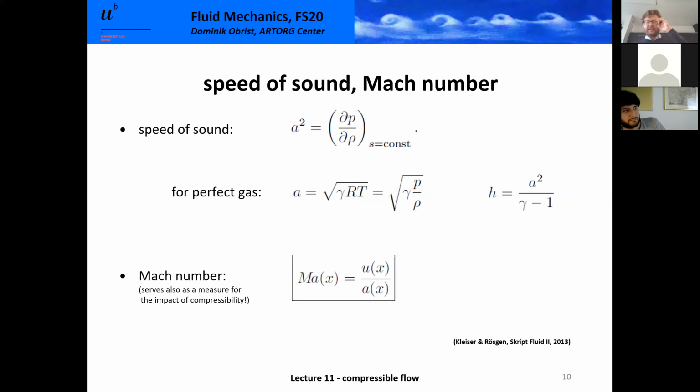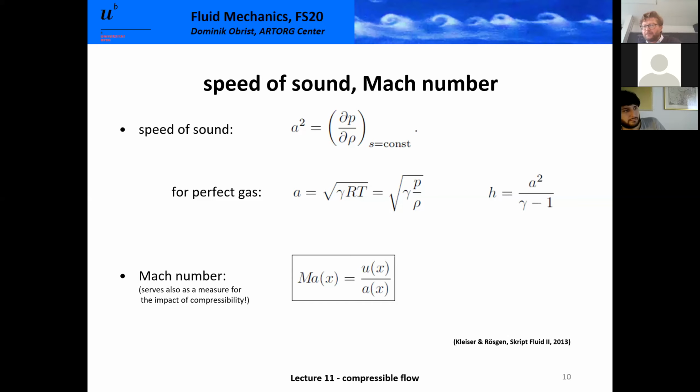There's a final definition I need to make here, and that is the one you have on the bottom of this slide. You know that fluid dynamicists love non-dimensional numbers. And of course, also compressible flow has its own non-dimensional number, and it's called the Mach number. I'm sure you have heard about the Mach number.